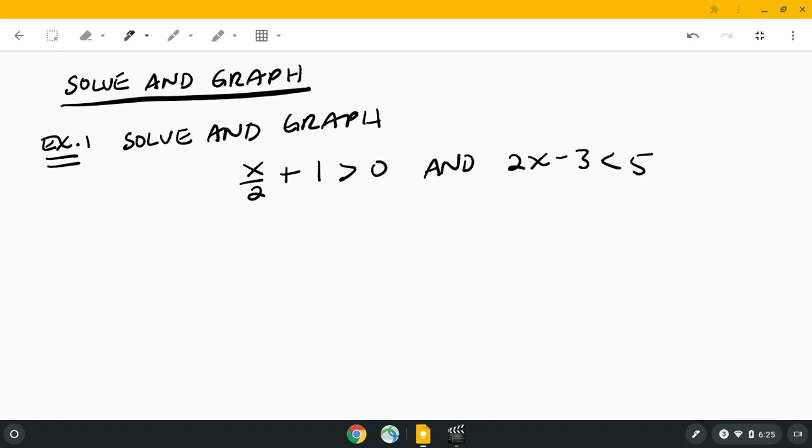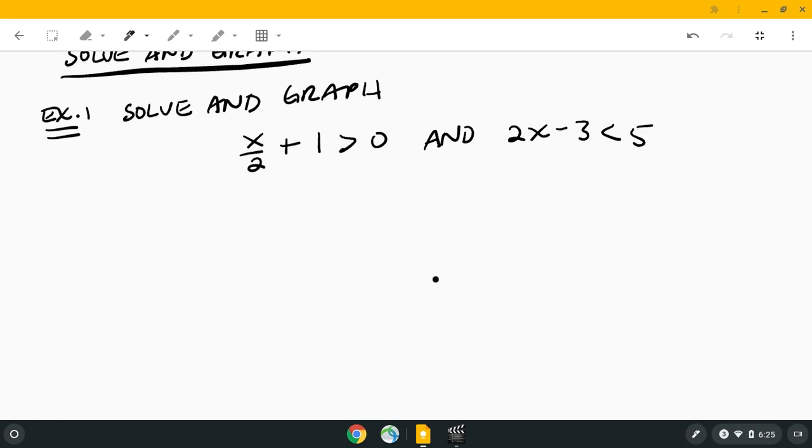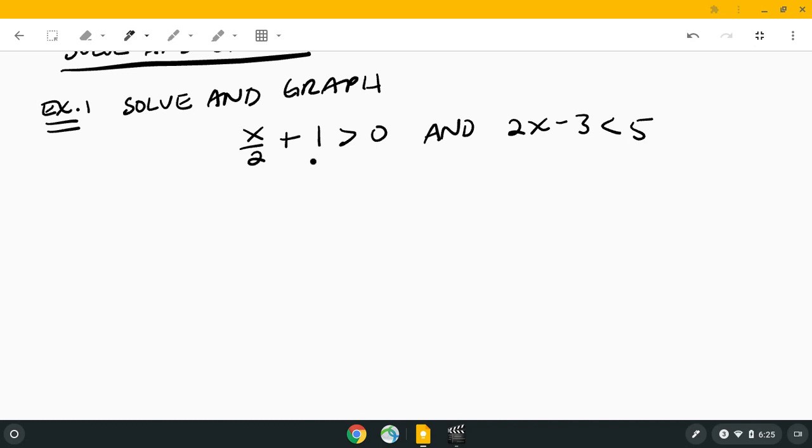Let's go ahead and solve each one, and then we'll graph it, and then we'll see where they overlap. Over here, I'm going to subtract 1 on both sides, and I'm going to multiply both sides by 2. So there's my first one.